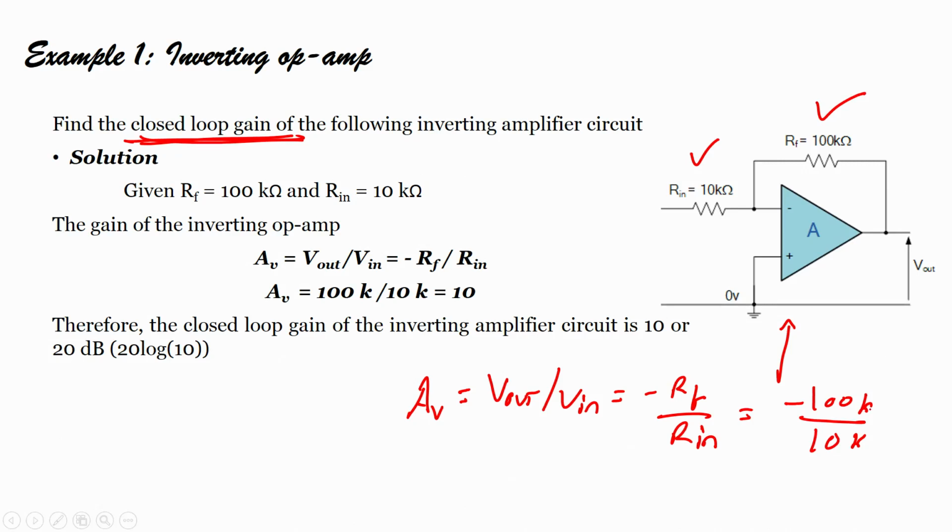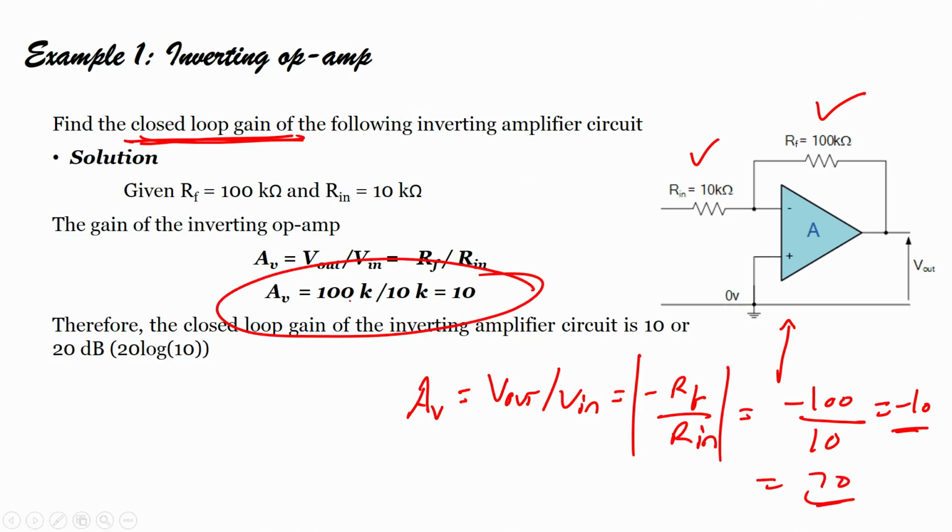So, I do not write it, that is fine. So, what do I have? Minus 10, but gain cannot be minus, so we always write gain is equal to 10. If I want to understand the closed loop gain, my closed loop gain of the inverting amplifier circuit is 10 or 20 dB, or 20 log 10. So, this is how I can understand my inverting amplifier.